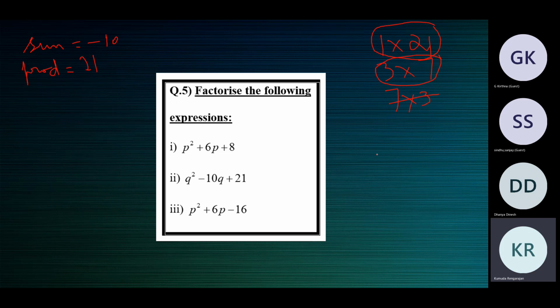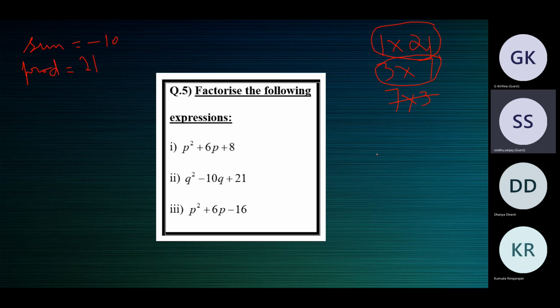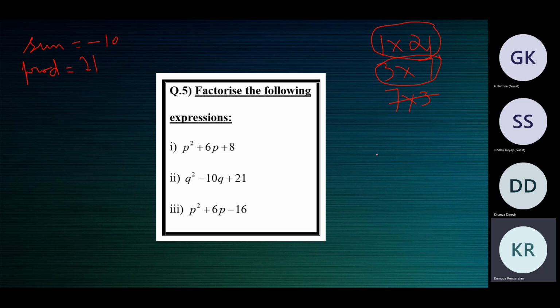You can fix the signs. You can take plus or minus signs accordingly for the numbers to get the sum. But you know that 1 and 21 will not give you the sum 10. If you take 21 and 1, you can get the number 20 or 22, because if you subtract, you get 20, and if you add, you get 22. So you cannot get the sum 10. So the two numbers are 3 and 7.